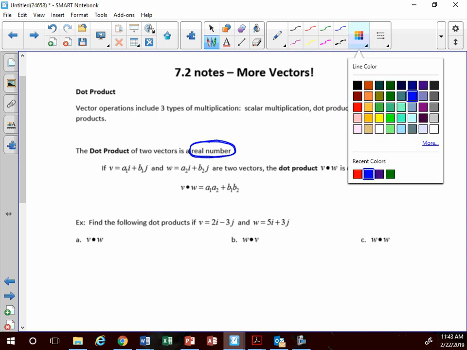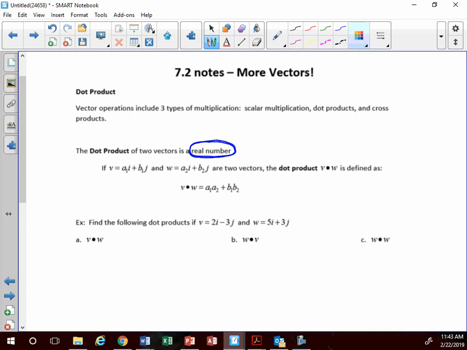The way you do it, it's really pretty simple. This is said v dot w. Okay, that's the dot product of v and w. And if you look, what you're doing is multiplying the two a values or x values, multiplying the two b's or y's, and then you just add those together to get a single real number.